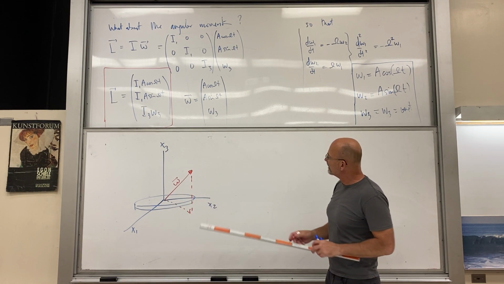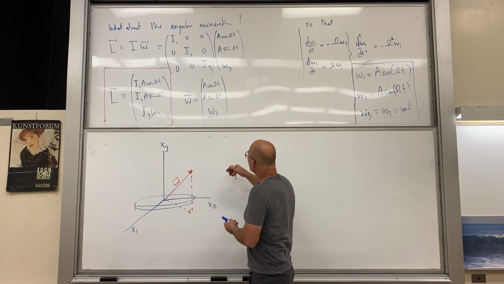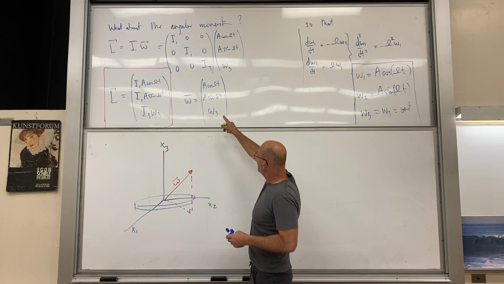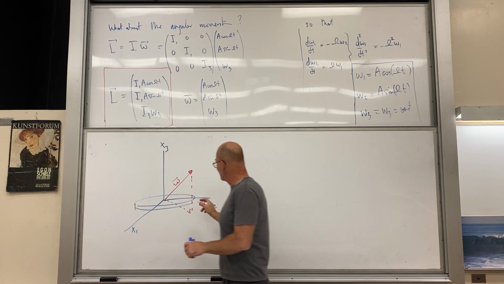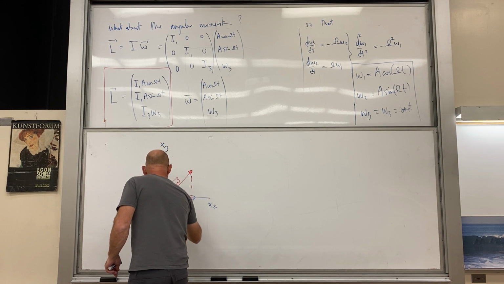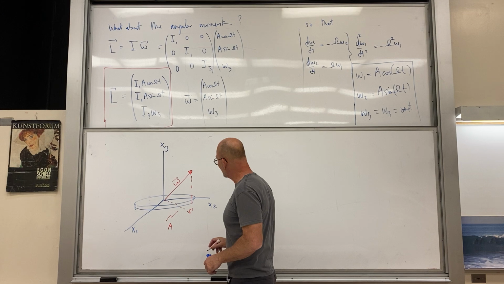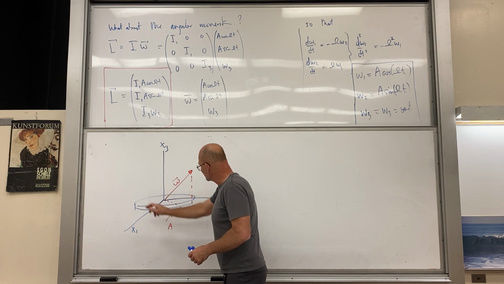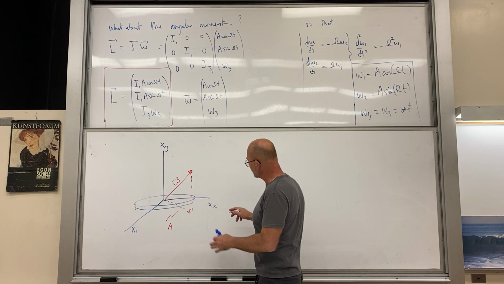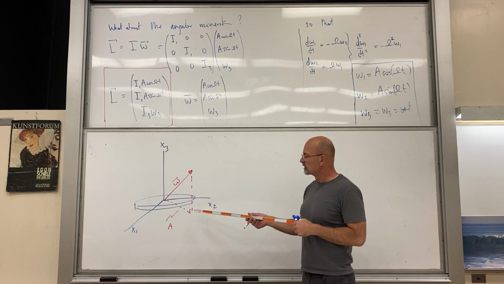Then it has an omega 3 component, and it has this A cos omega t, A sine omega t. So that is this projection here. And since that projection is going around counterclockwise in the x1, x2 plane, we can do a top view of this.